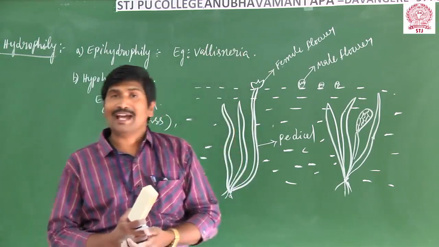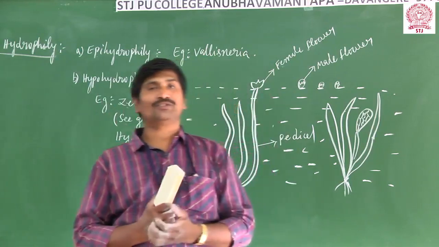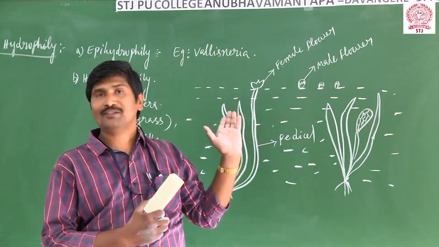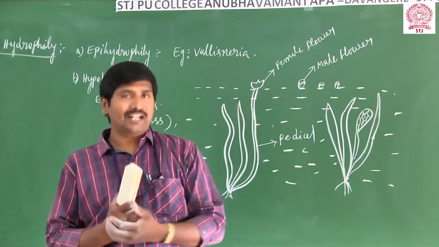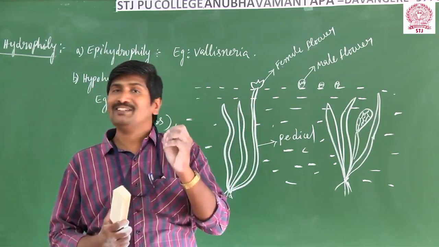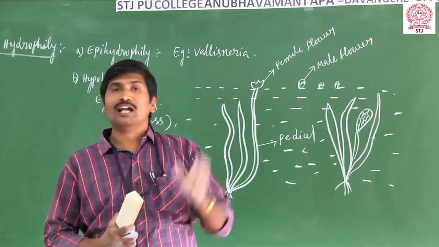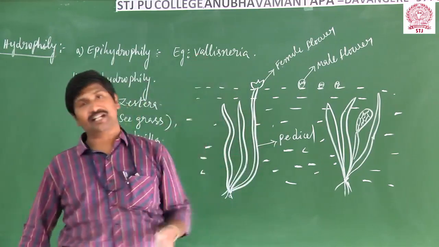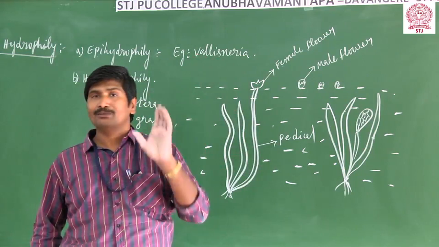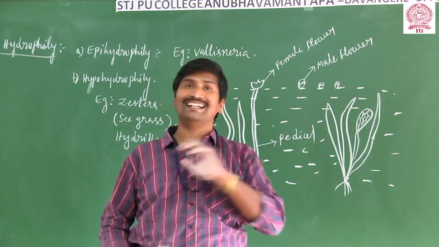When the flowers are arranged above the level of the water, the pollination takes place through either insects or wind. So most aquatic plants do not use water for pollination. Okay, best examples, water hyacinth and water lily.